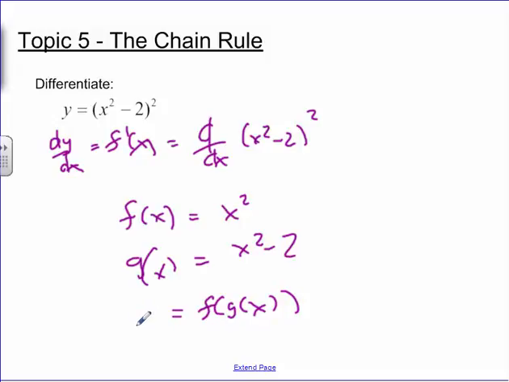That's really what you're being asked to do. You're being asked to find f of g of x prime, right? Where really the x squared minus 2 is inside the x squared function, which is why it's all of that squared.